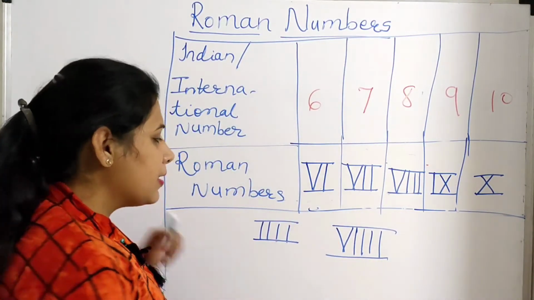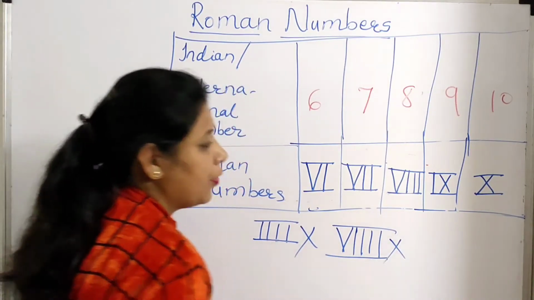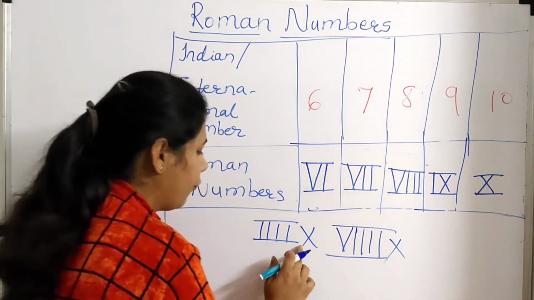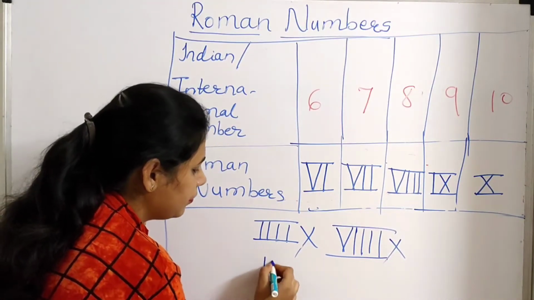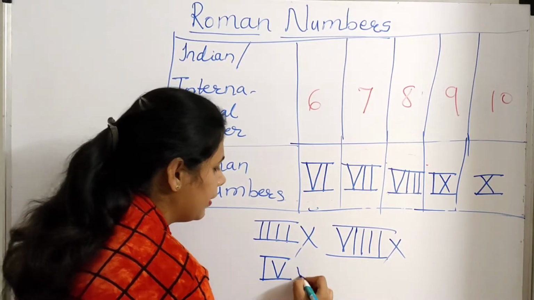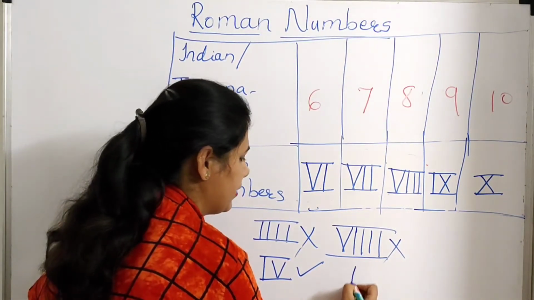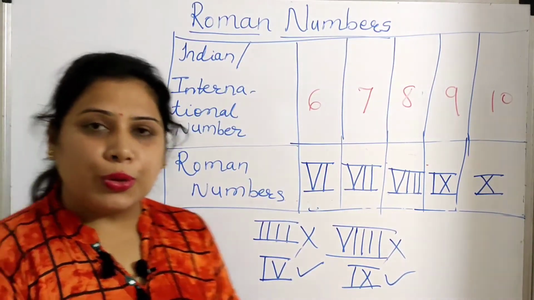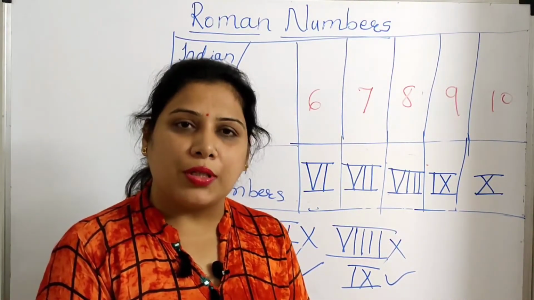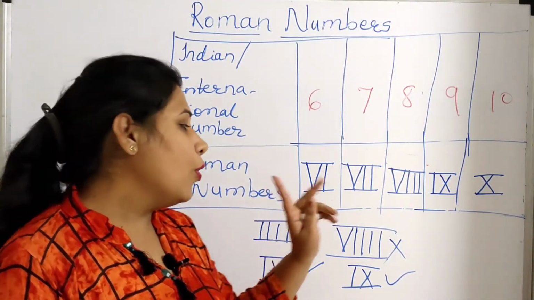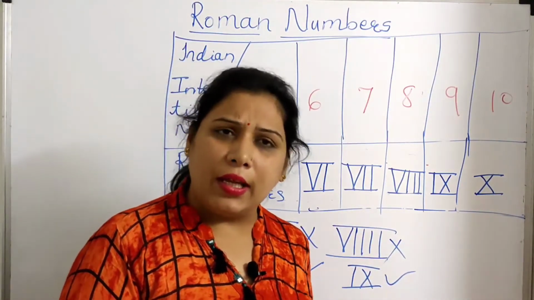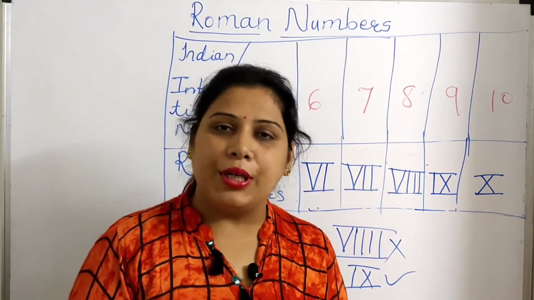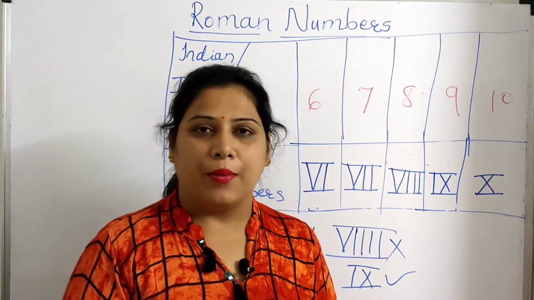No, because these are incorrect numbers. 9 can be written as IX only, and for 4 we have to write I and V. This is the correct 4 and this is the Roman number 9. Okay, so don't get confused when anybody asks you the question or shows you whether this is a number 4 or a number 9. You have to keep in your mind that they have different symbols for the Roman numbers.